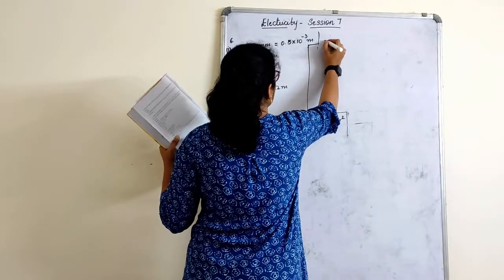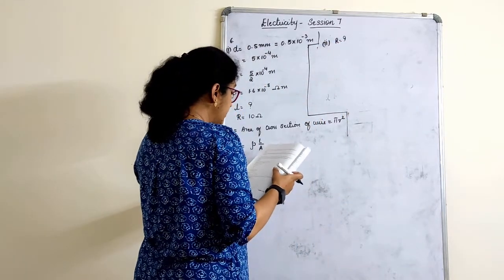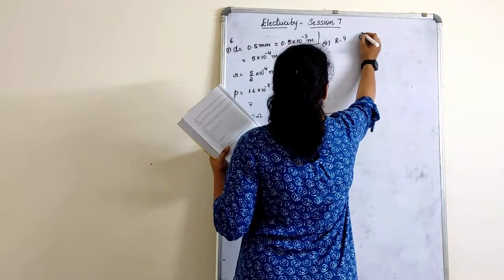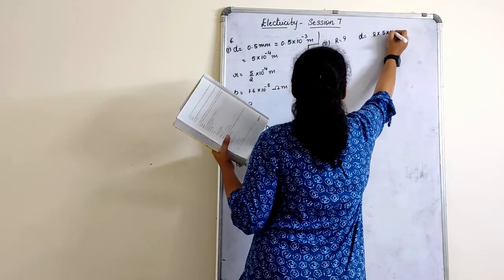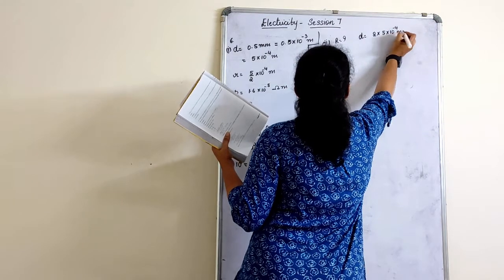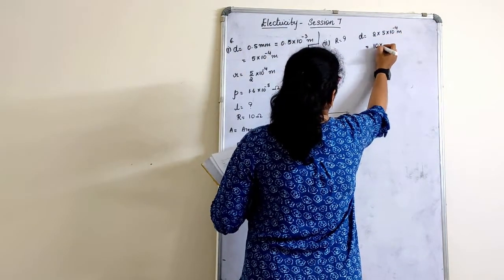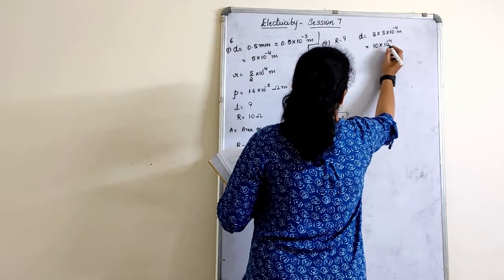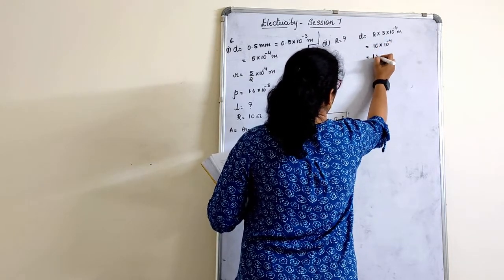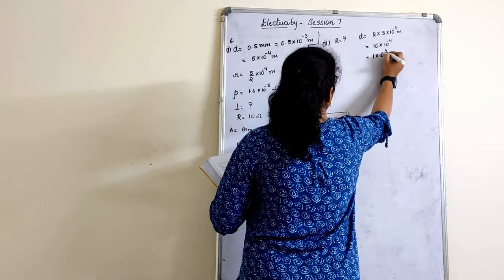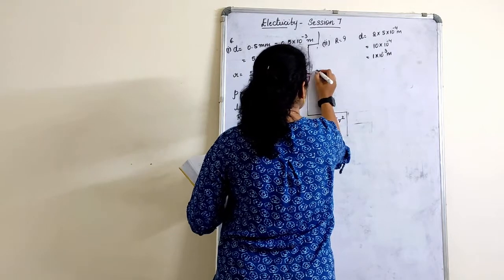Second part: how much does the resistance change if the diameter is doubled? Diameter is equal to 2 into 5 into 10 raised to minus 4 meter, right? Which is nothing but 10 into 10 raised to minus 4, that is 1 into 10 raised to minus 3 meter. Therefore, what will be the radius?